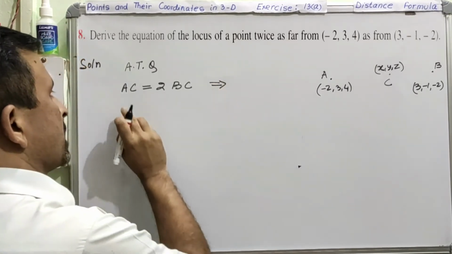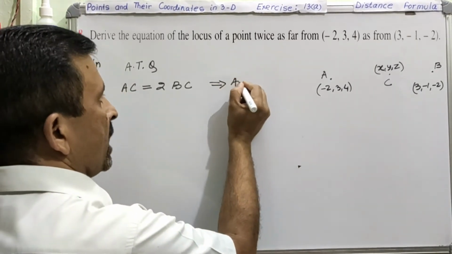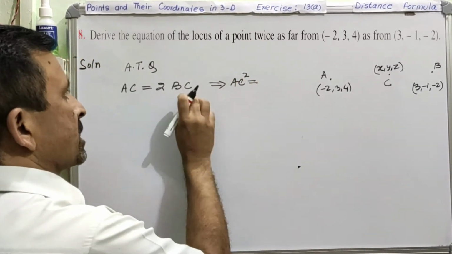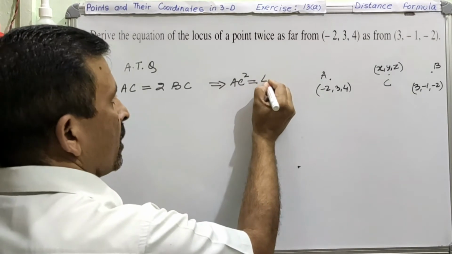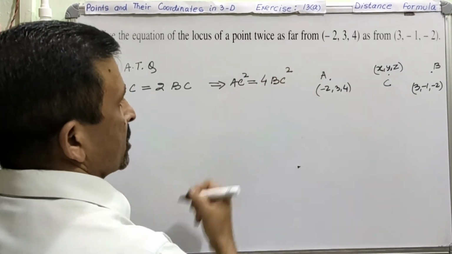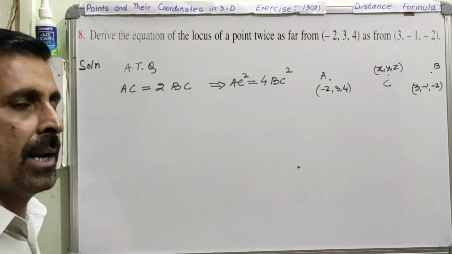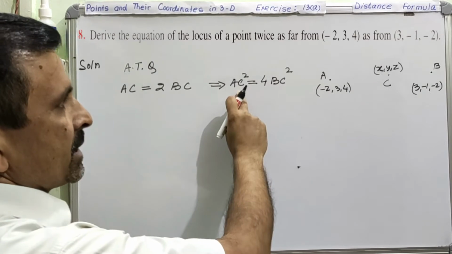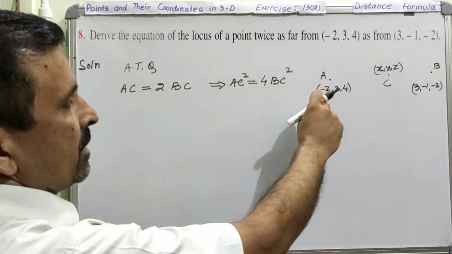So when you square on both sides, this AC will become AC square. This 2 also will be squared because everything is squared. This 2 will become 4 and this BC will become BC square. Alright, now we are going to write the value of AC square on the left hand side and BC square on the right hand side.